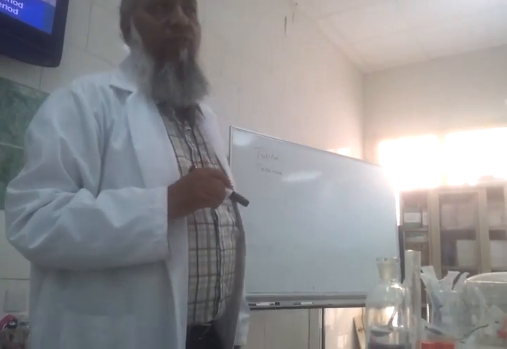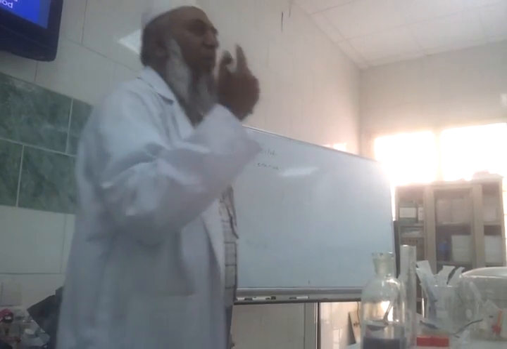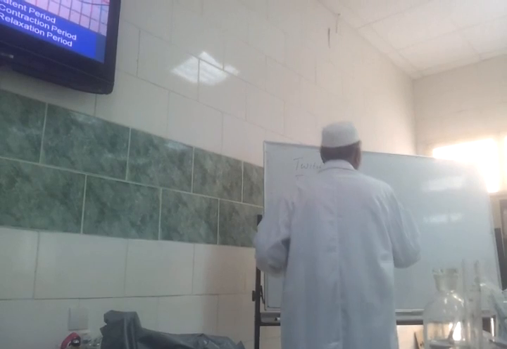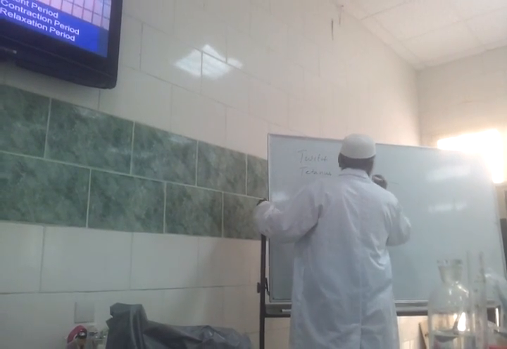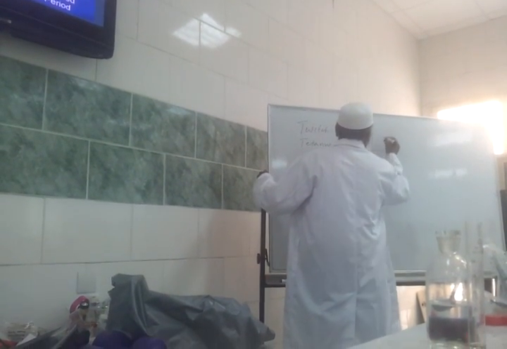In case of twitch, that is response of muscle to a single stimulus, the shape of the muscle response will be of two types. In one case, the response will be in the form of single lines like this.